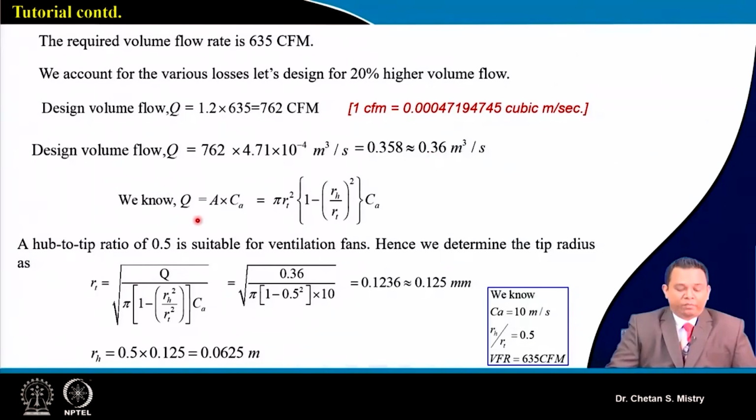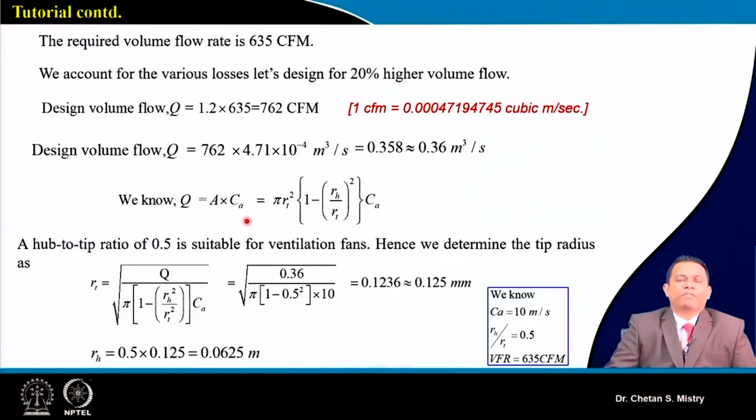Now this volumetric flow rate we write as area into axial velocity. This area we represent as pi r square, and we write it in terms of the hub to tip ratio. For this kind of configuration, we can roughly assume that to be 0.5. Here we also need to accommodate our motor in the hub region.